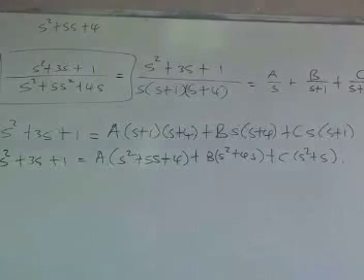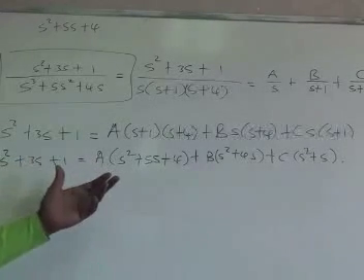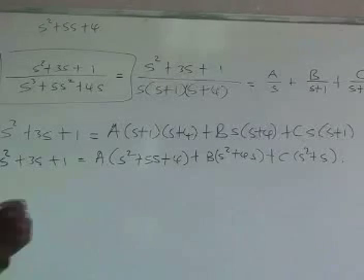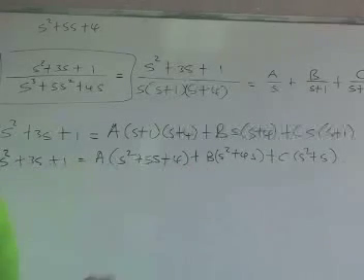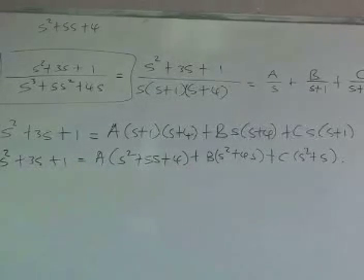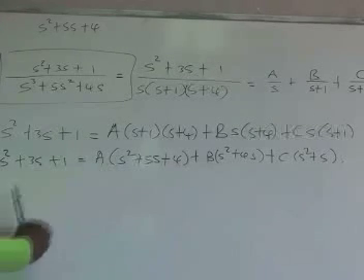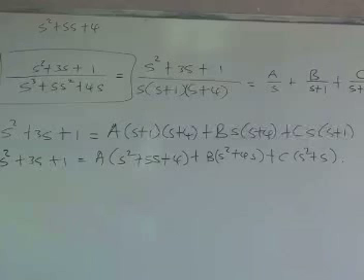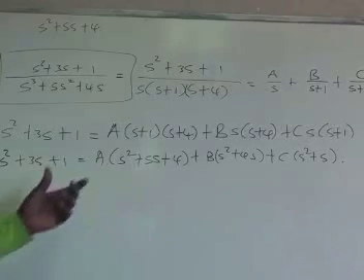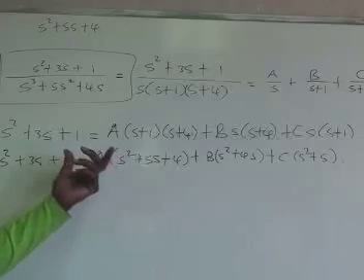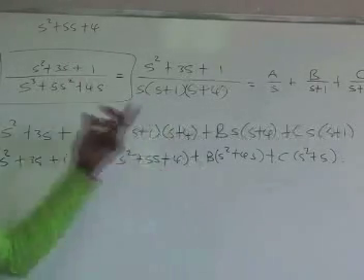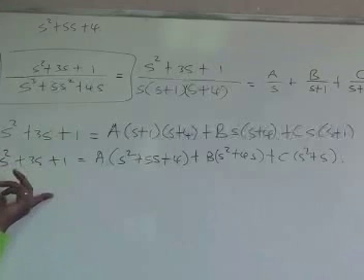Now, as it is, we have two expressions, one on the left, one on the right. And if these two are equal, what it means simply is that if you compare the coefficient of any variable on this side, it must be equal to the other side.